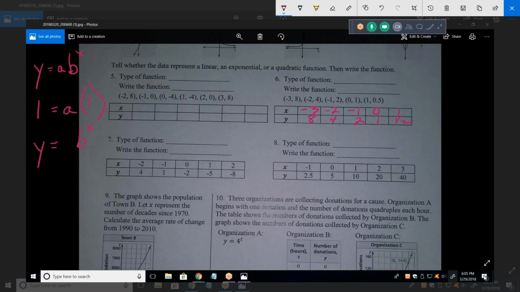How about 1? So y is 1/2. Okay, so 1/2 equals b to the 1 power. That tells us what b is. B is 1/2. Cool. So now the equation has to be y equals 1/2 to the x.